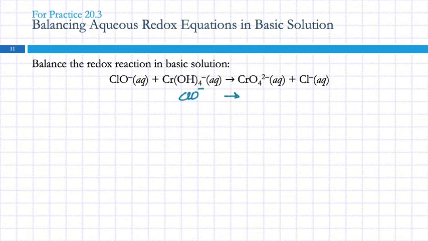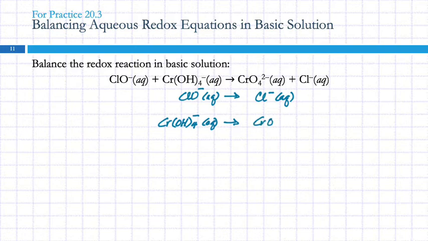ClO minus is going to turn into the chloride. And then CrOH4 minus is going to become CrO4 2 minus, a chromate ion.